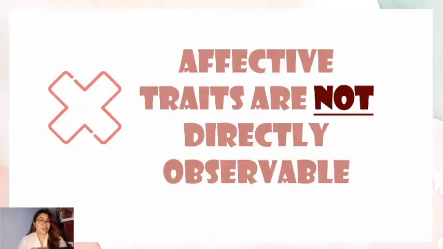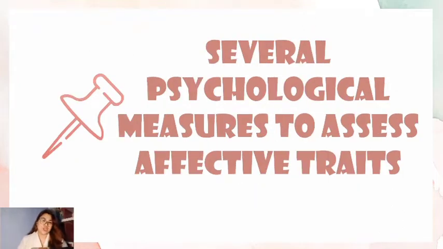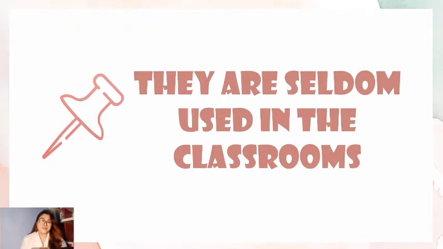It is because, ironically, affective traits are not directly observable, so it is best to infer from the student's behavior or what they say about themselves and their views on others. There are several psychological measures to assess affective traits, but they are seldom used in the classroom. Hence, that is the reason why teachers rely only on their observation and student self-report.